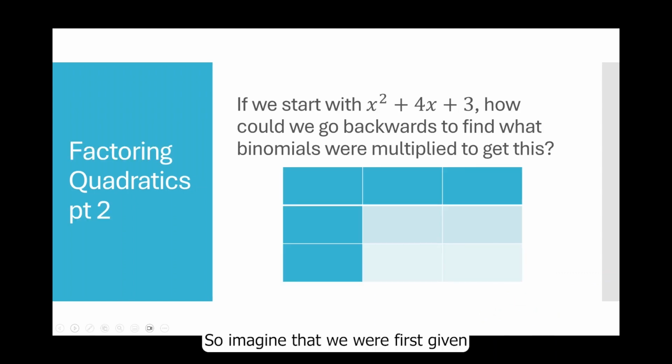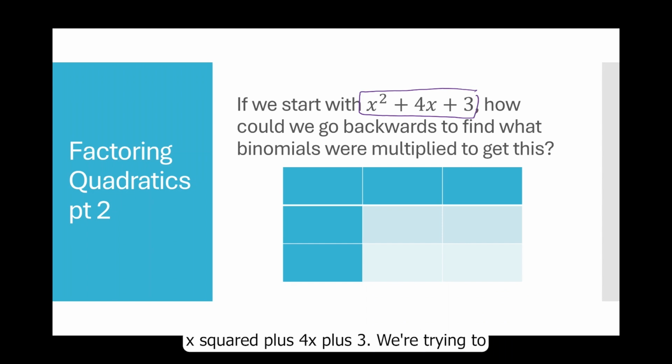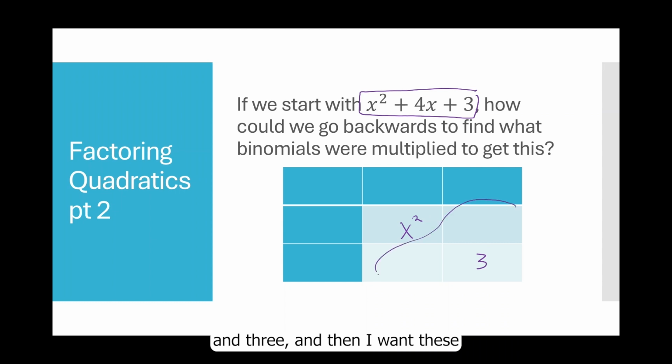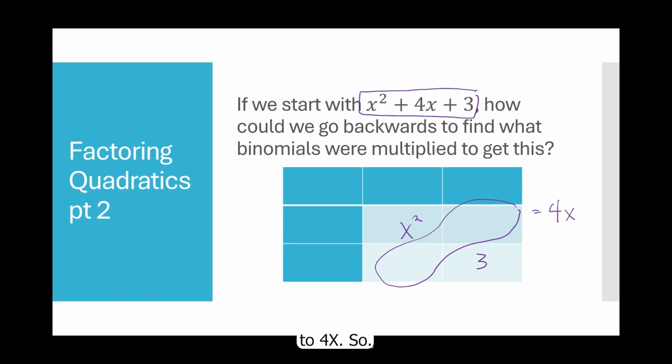So imagine that we were first given x squared plus 4x plus 3, and we're trying to go backwards to find the factors of this expression. If we're trying to figure out what did someone FOIL to get this as an answer, I'm going to show you two different ways. We're going to start with the box, though. So what I want is to have x squared and 3, and then I want these two values to add up to 4x.